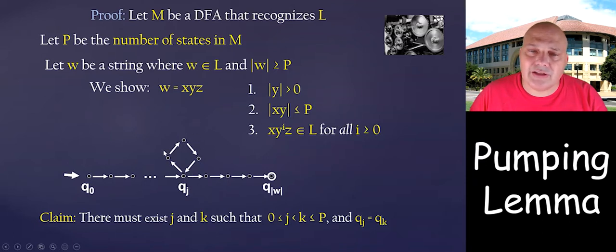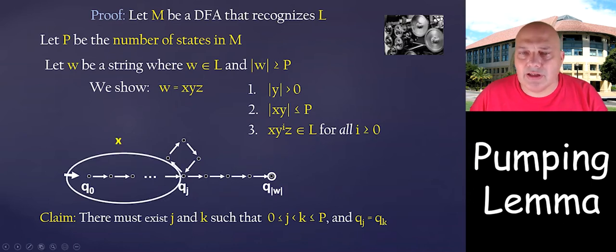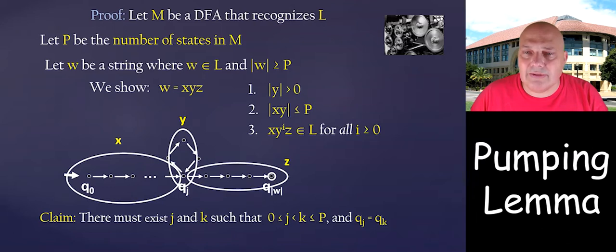Then there is the path until you reach qj again at location k, and then you go all the way to the accept state. This lets us divide the string w into three parts. x is the part until you reach qj the first time. y is the one that takes you from qj to qk, which is the same state. And z is the one that gets you all the way to the accept state.